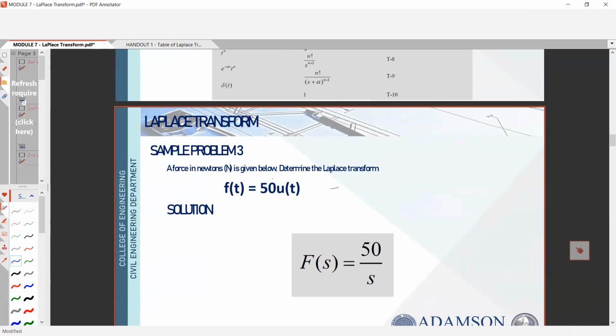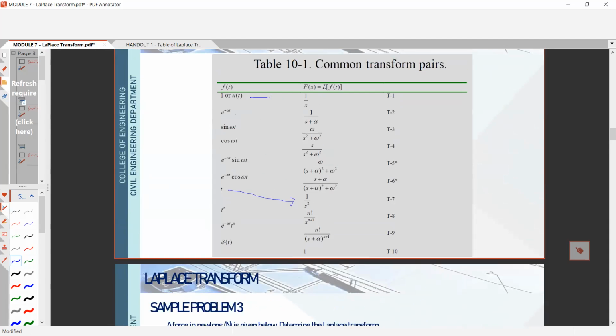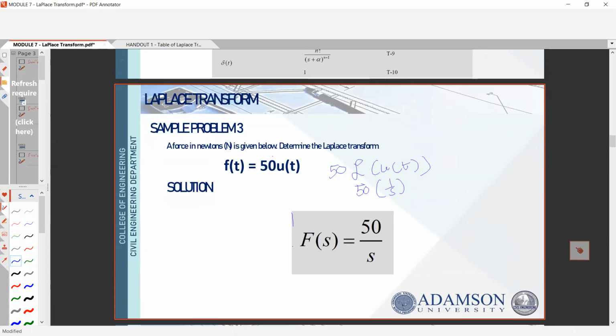So 50 times the Laplace transform of u of t. If you check, this one, this is 1 over s. So therefore, 50 multiplied by 1 over s. Okay, yung sagot is 50 over s. Ganyan lang.